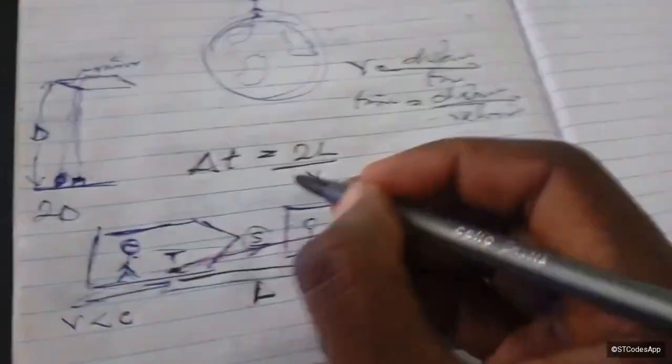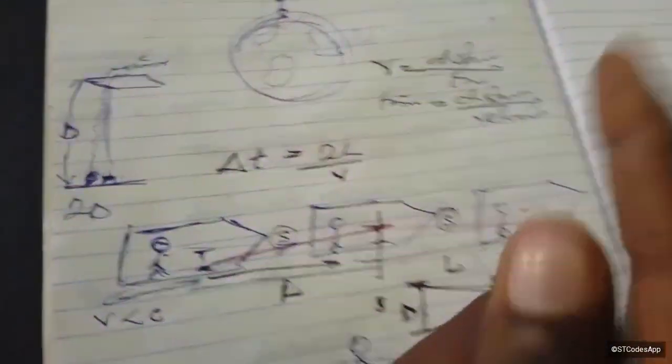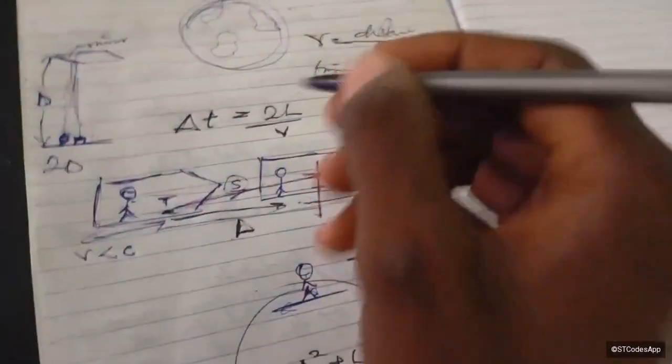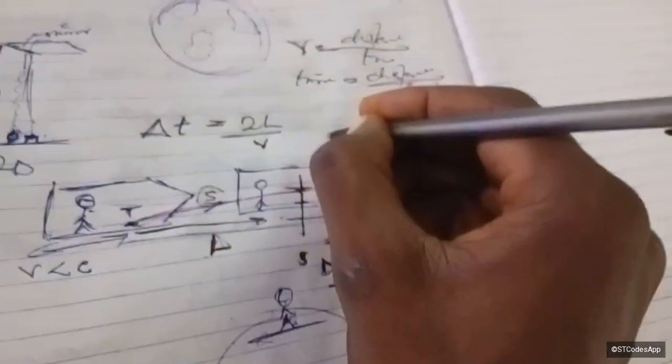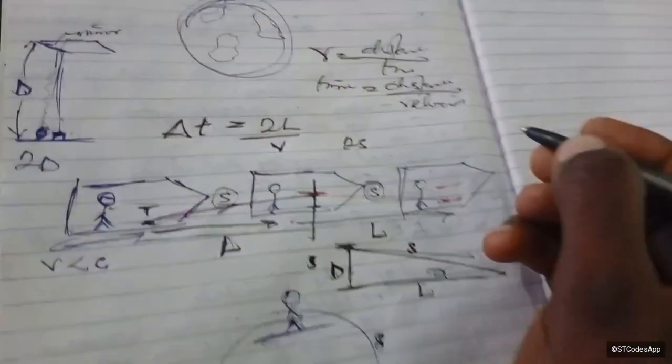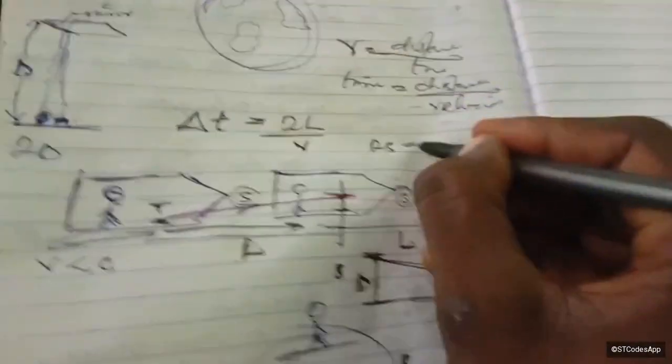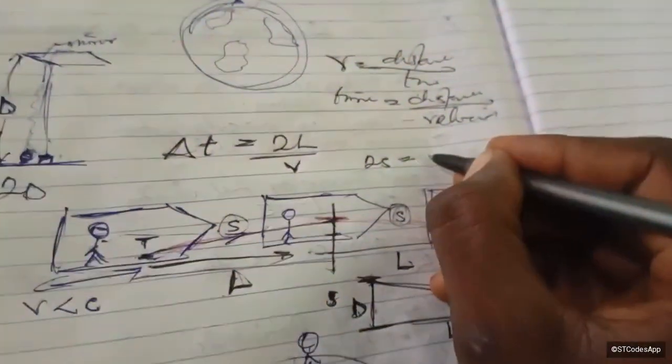Does that make sense? However, the light itself has moved 2s, right? That is 2 distances, which is equal to c delta t.